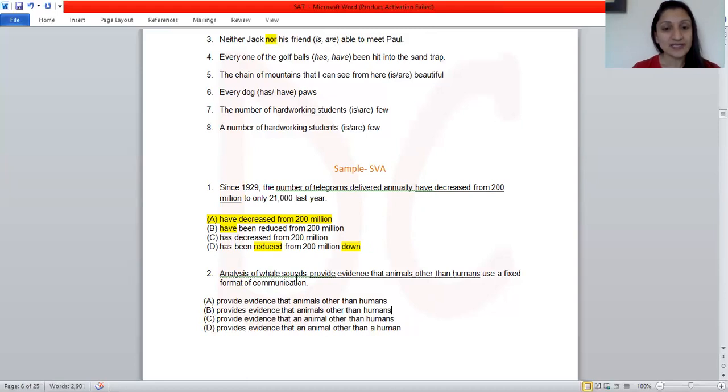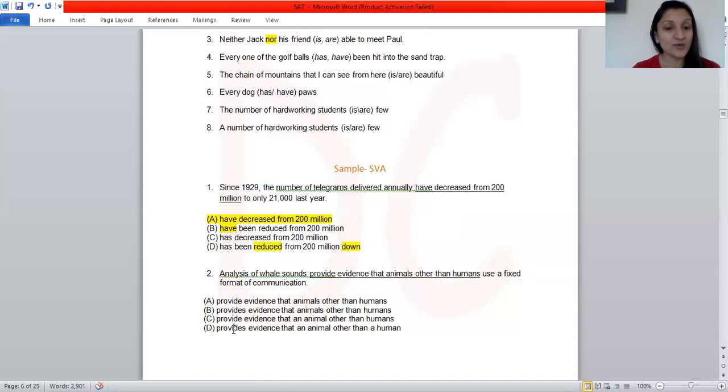Analysis of whale sounds provide evidence that animals other than humans use a fixed format of communication. So, provide is a verb, and you have provide and provides split. So you see four words of these four options. One is provide, the other is provides.